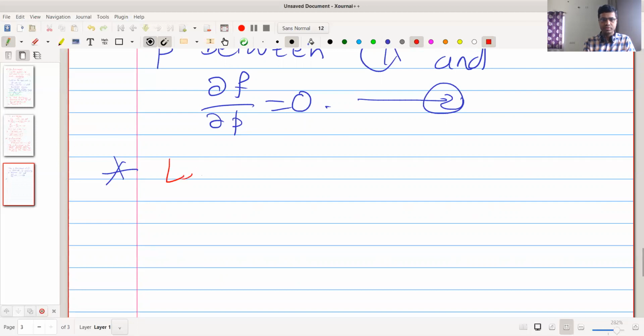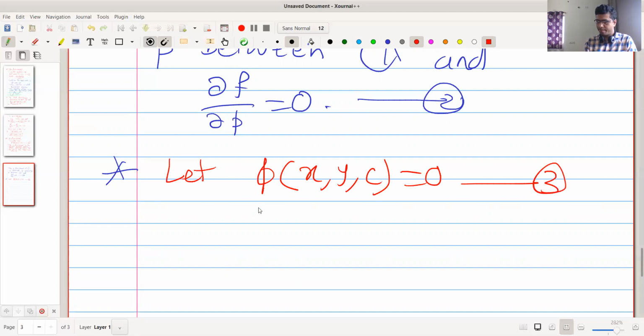So let phi of x, y, c equal to 0, call it 3, be the solution of differential equation 1.